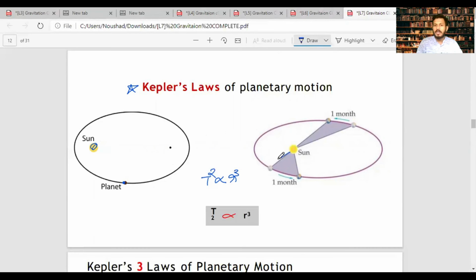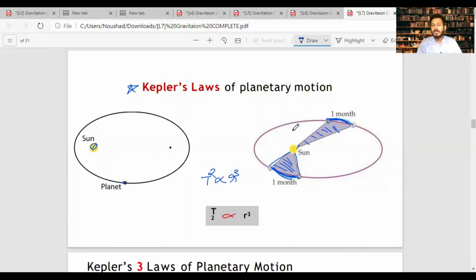Just see this graphical representation. Nearest to the sun, it takes one month to travel this distance, and far away it also takes one month to travel its distance. That means the areas swept are equal.